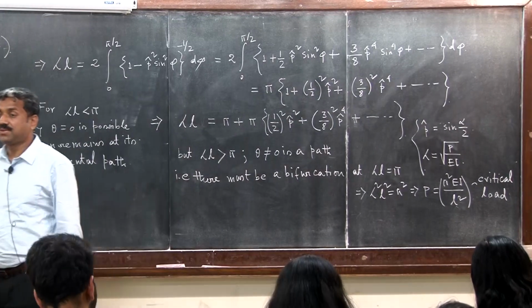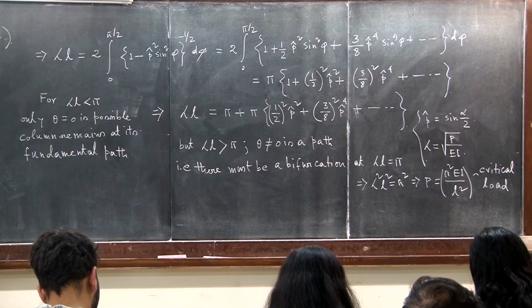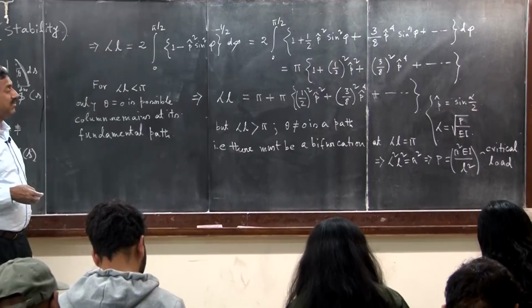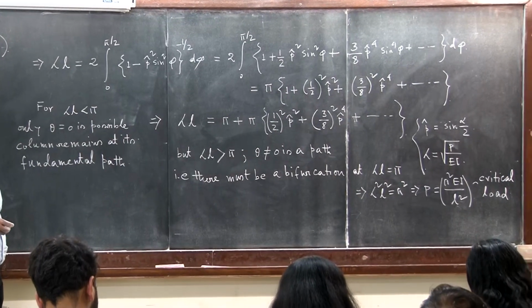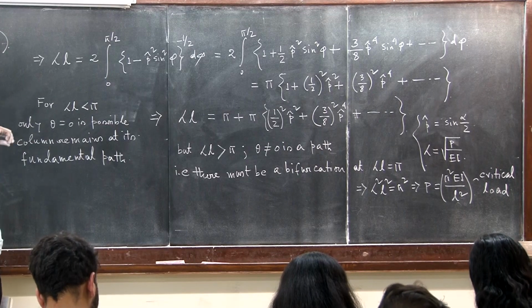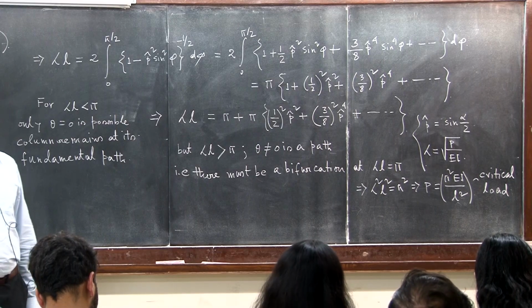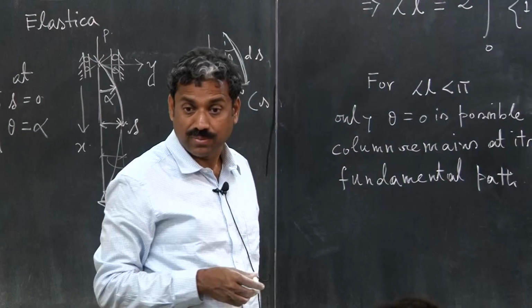From the solution of the finite deformation Elastica, we see that a bifurcation is imminent at lambda L equal to pi, and from there we also see the critical load leading to this bifurcation, pi square EI by L square. We all know that value for the column hinged at both ends.